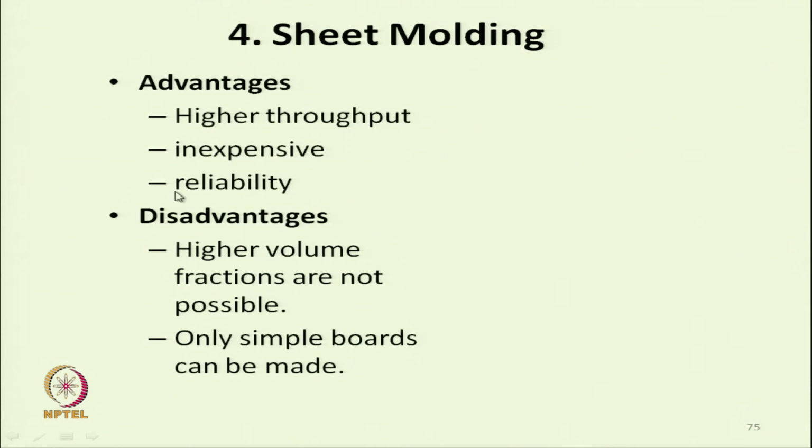So, the advantages are high throughput, inexpensive, and the process is reliable because we can get sufficient uniformity. The main disadvantage is that high volume fractions are not possible because proper penetration is required, and that is why if we use a high volume fraction of fiber, then proper impregnation will not be possible.